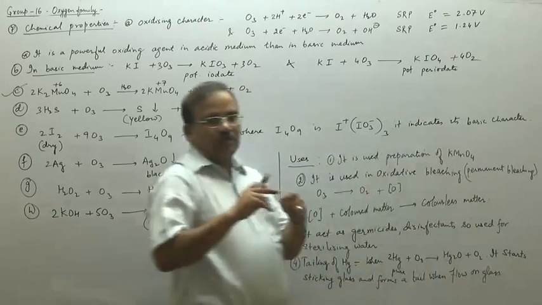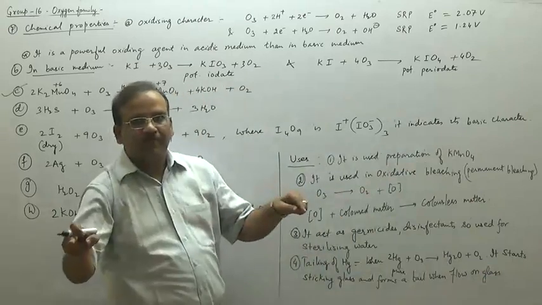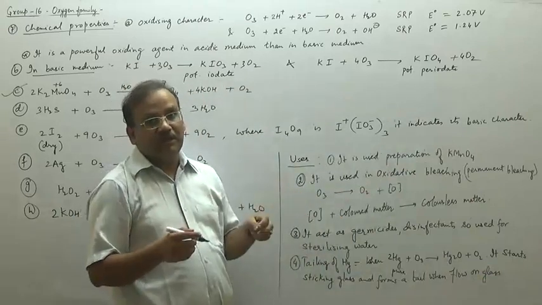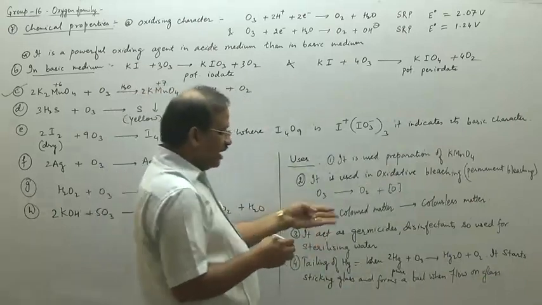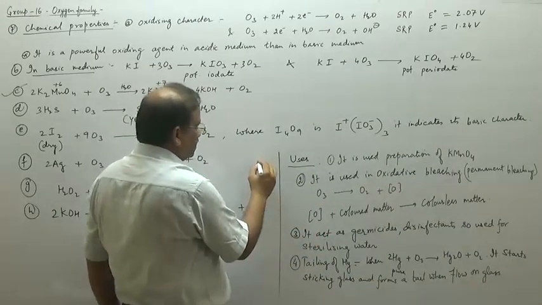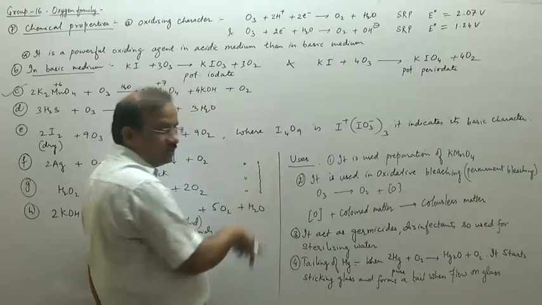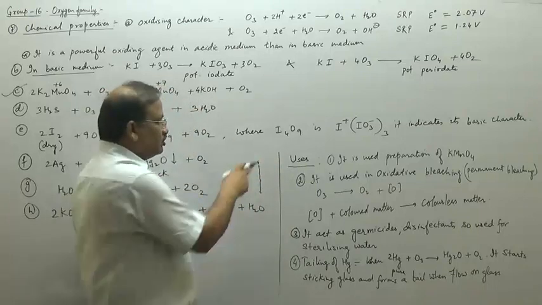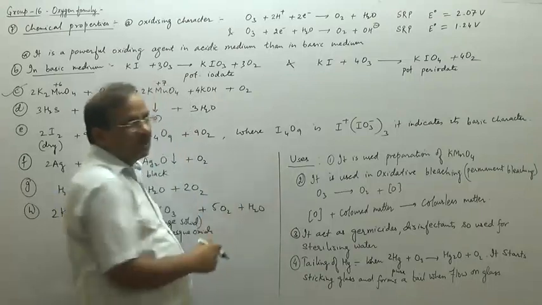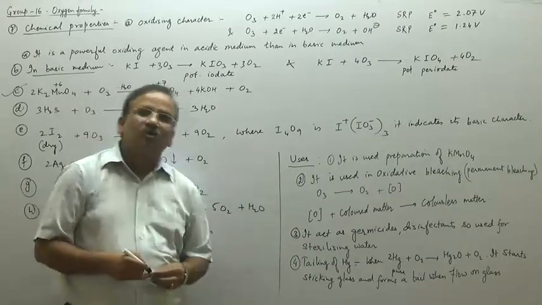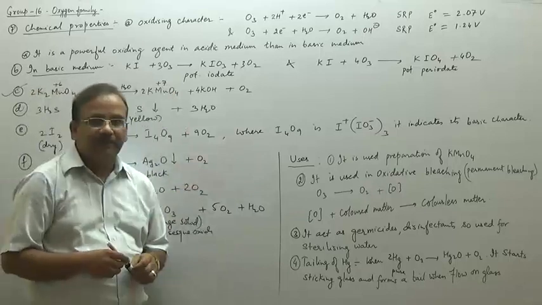Because mercury that flows on the glass normally drops and doesn't form a tail, but when it reacts with ozone, it forms a tail like this. Otherwise it will flow in drops like this. It forms a tail because it starts staking the glass when it reacts with ozone. This is called tailing of mercury.